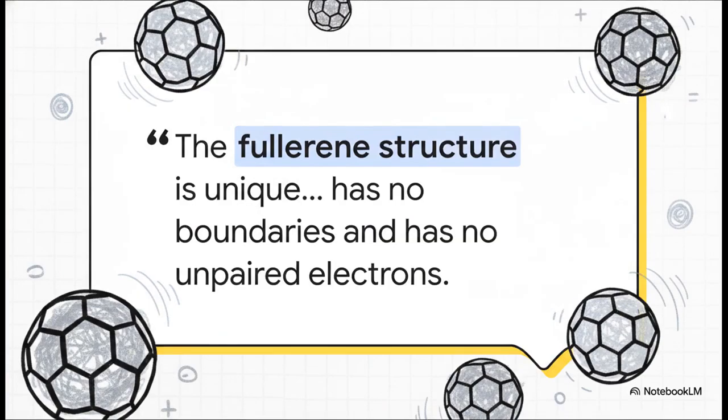Let me read this quote directly from the text because it's fascinating. The fullerene structure is unique in that the molecule is not charged, has no boundaries, and has no unpaired electrons. They have a cage-like structure. I mean, just picture that. A microscopic, perfectly symmetrical, uncharged cage made entirely of carbon atoms. It basically looks like a tiny soccer ball.